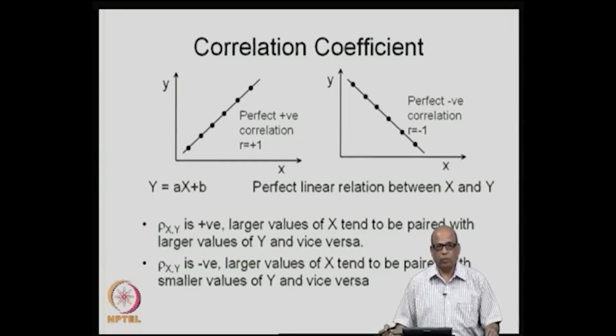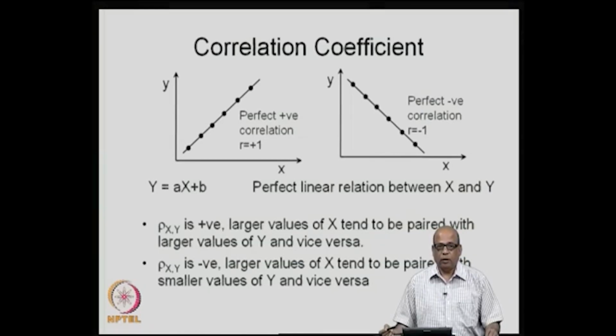That is, if rho x y is positive, the higher the value of x, the higher will be the value of y. If rho x y is negative, the higher the value of x, the lower will be the value of y, and therefore the larger values of x tend to be paired with smaller values of y and vice versa.